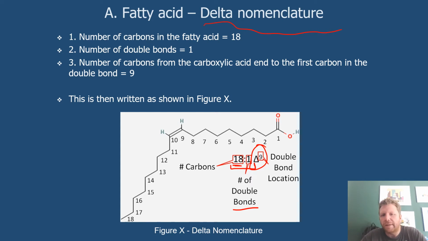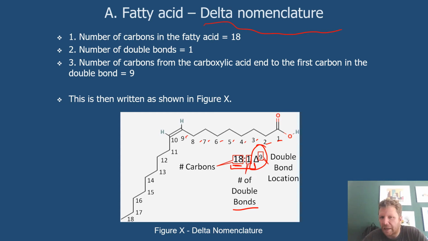The numbering starts from your very first carbon, the carbon within your carboxylic acid. 1, 2, 3, 4, 5, 6, 7, 8, 9. This is a delta 9 or 18:1 delta 9. There's a single double bond and it is found at carbon number 9. So that's essentially what we're looking at with the delta system.